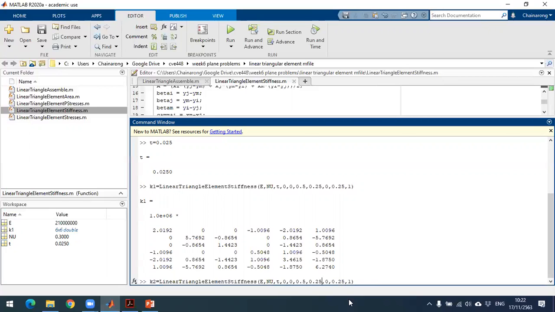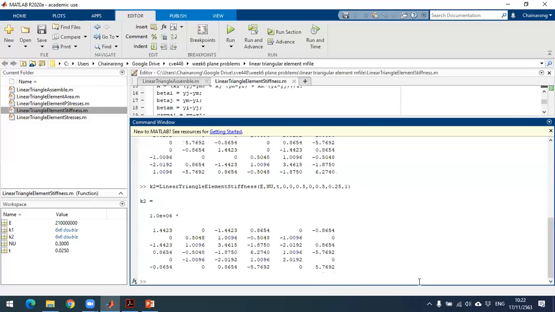This should be 0. And it should be 0.5 and 0.25 and 1.